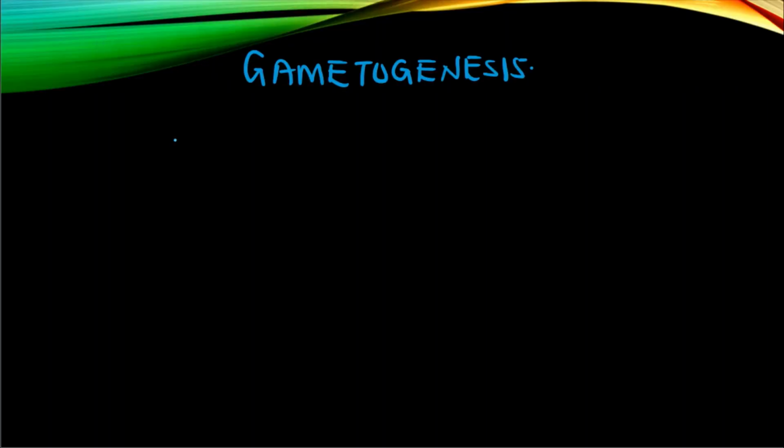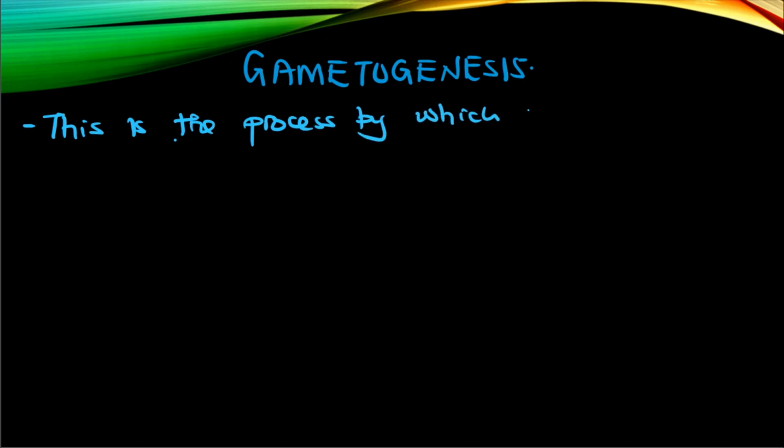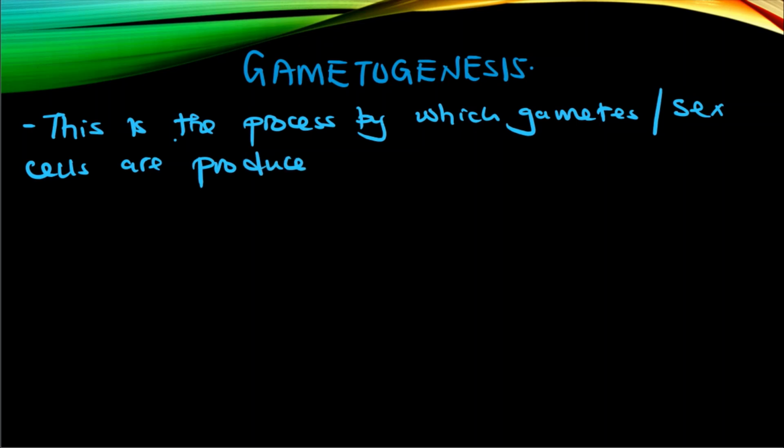So gametogenesis is the process by which gametes, which are sex cells, are produced. They are produced from the gonads.